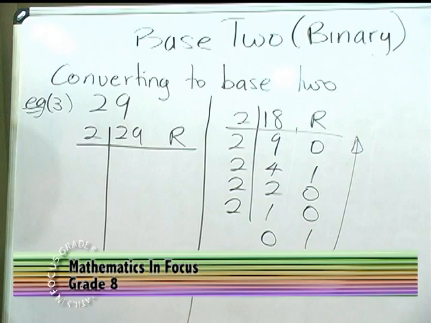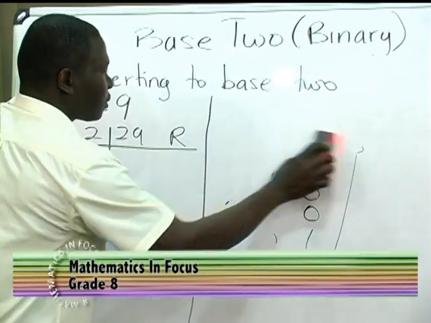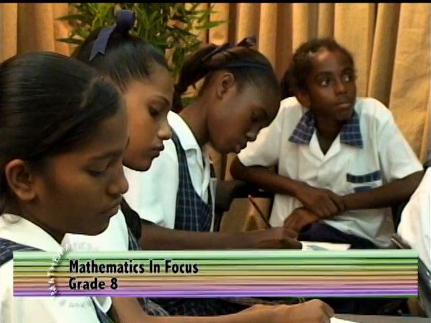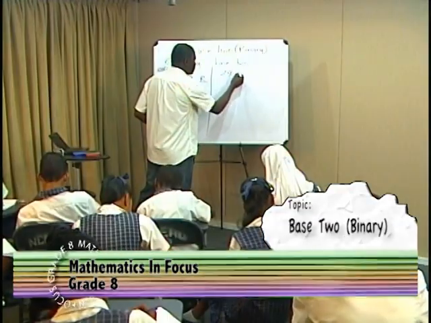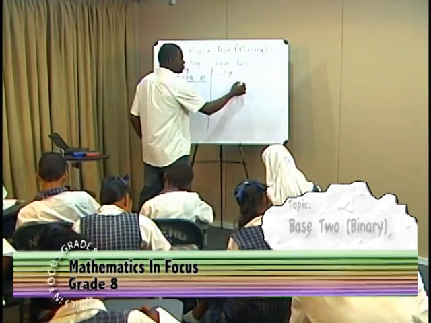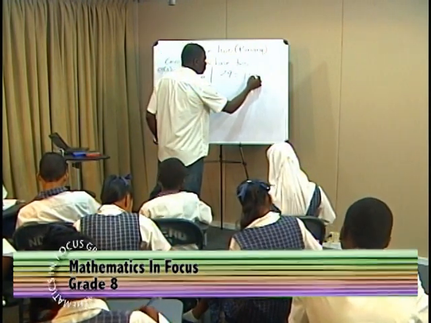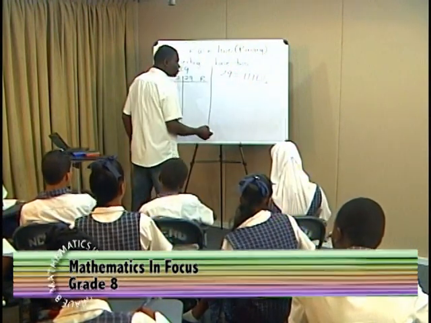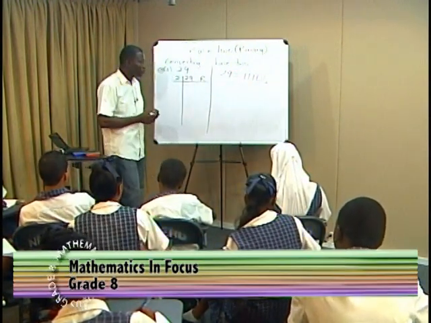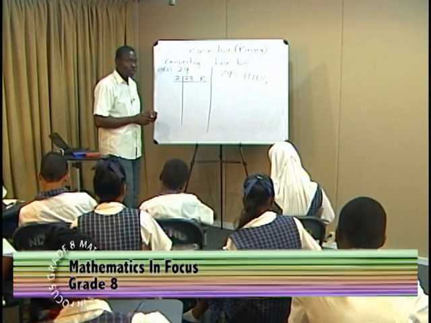Someone is providing an answer? What is 29 equal to? 11101 base 2. Alright, we have two persons saying 11101 base 2.